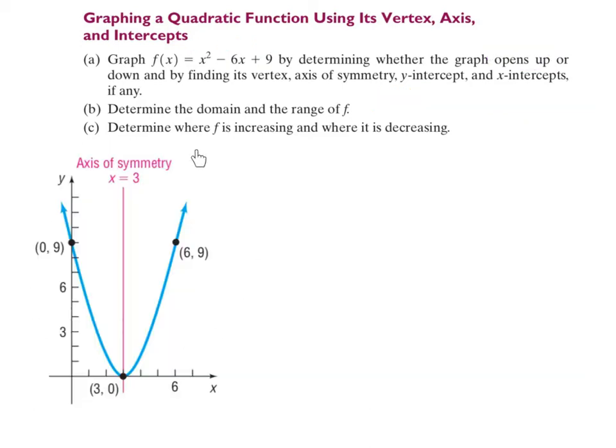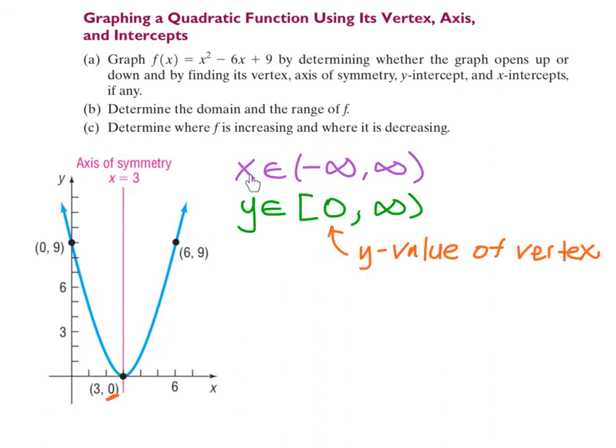So I took the book's graph, which is so much better looking than the one that I tried to make, because we still have part B and C to do, and that is to determine the domain and range, and then to determine where f is increasing and where it's decreasing. So domain, easy peasy. That's going to be all real numbers. So using interval notation, negative infinity to infinity.